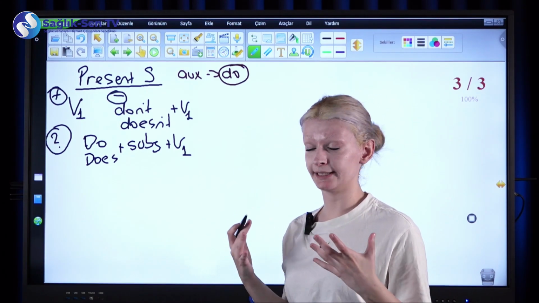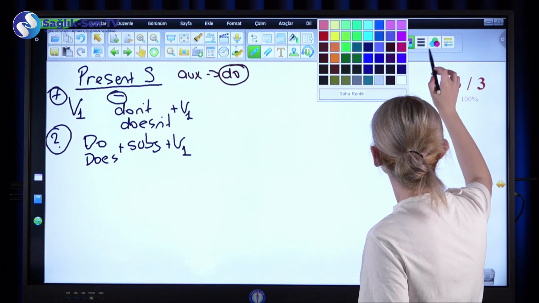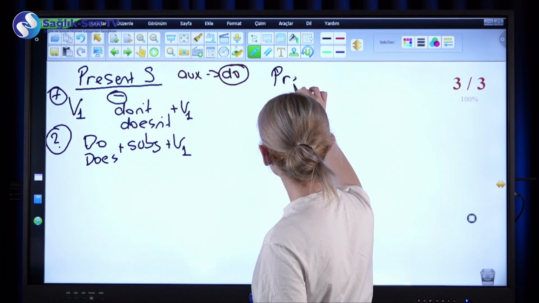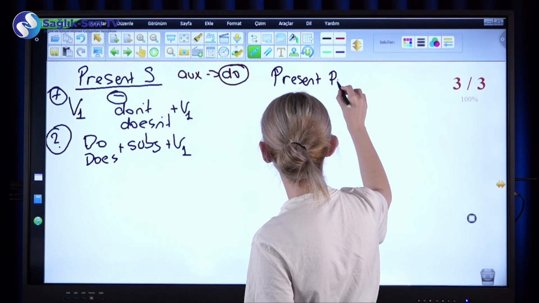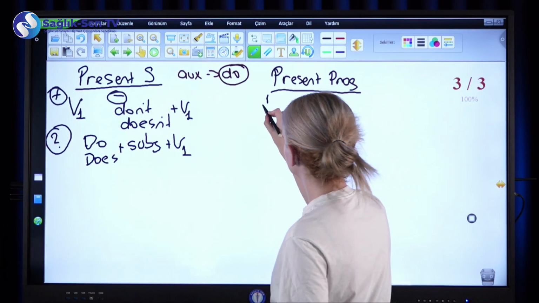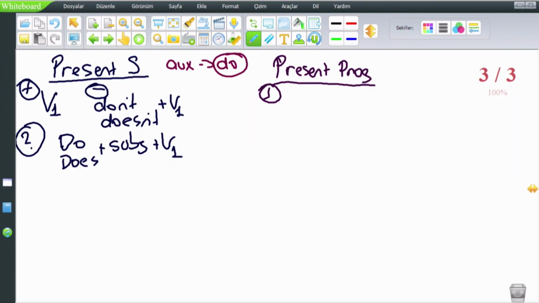When we want to summarize it, let's go on with present progressive. We put be as our verb of the sentence, and the verb ing form.